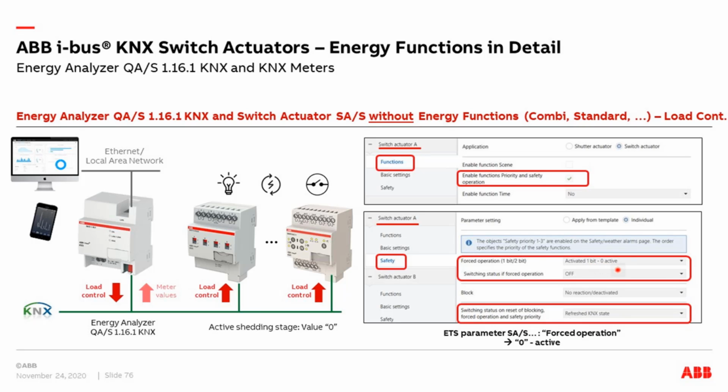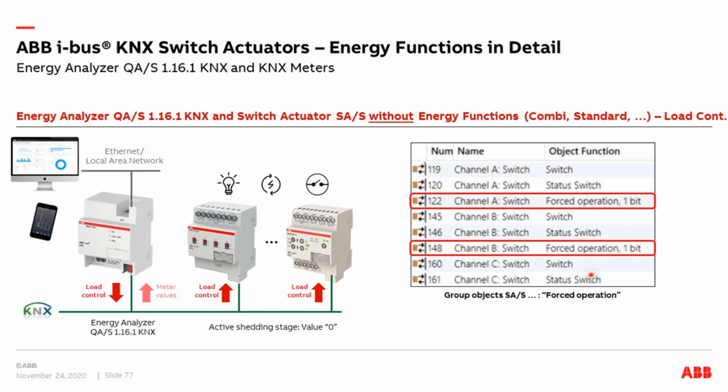This is a little bit different from the default, because if we activate something, we send the value 1, but here if the energy analyzer activates the shedding stage number 1, it sends a 0. So this is important to say 0. And of course, the switching status, if the forced operation is active, off or on, typically off, then we can switch off here our standard switch actuator.